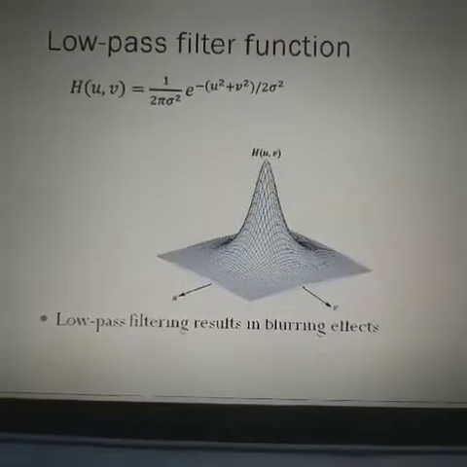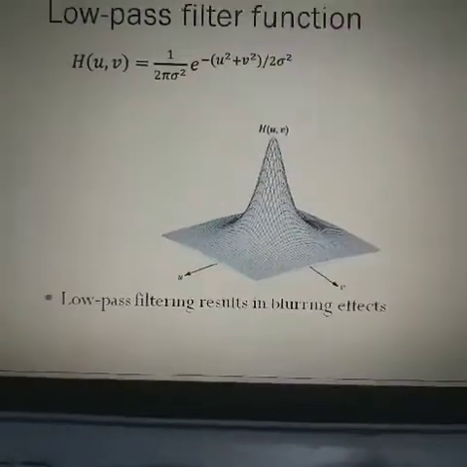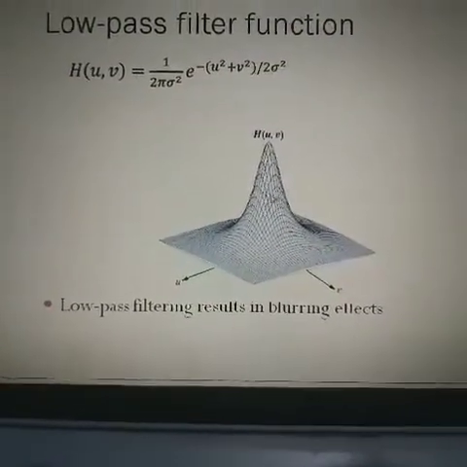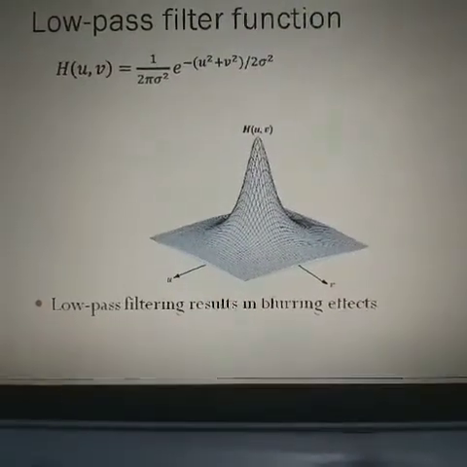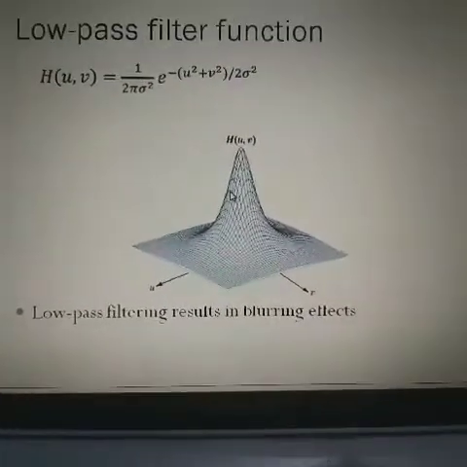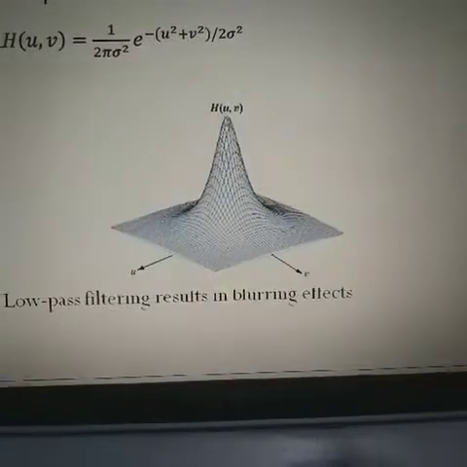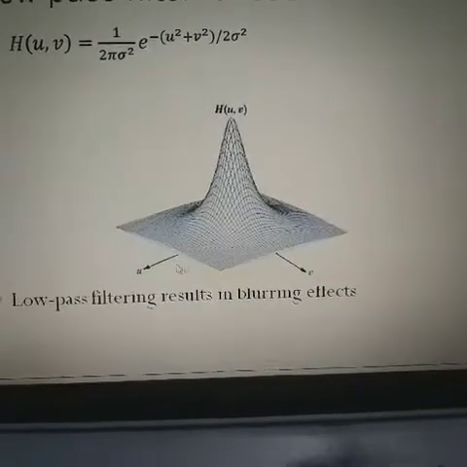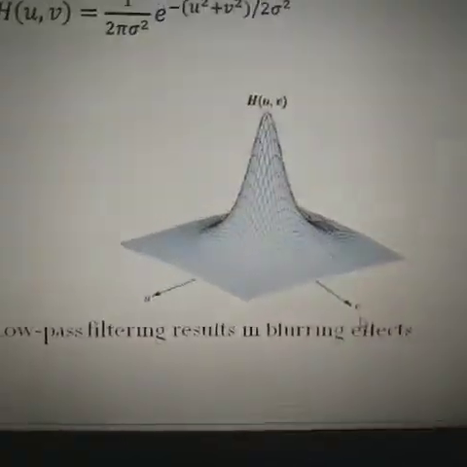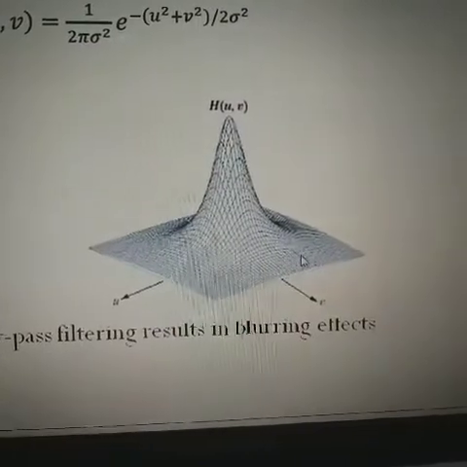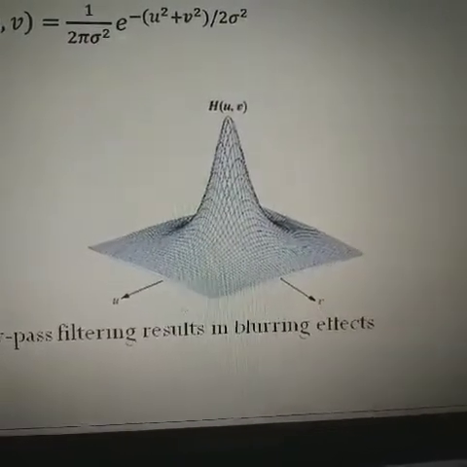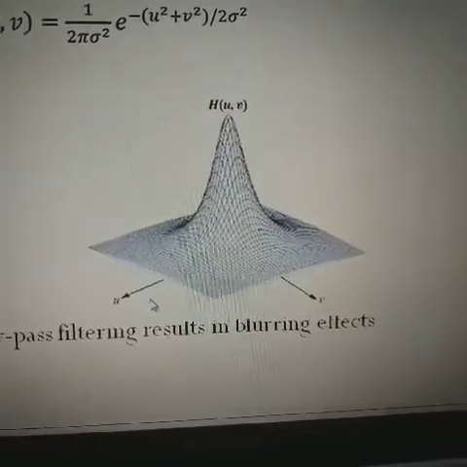So we differentiate these values like this. This is the simple visualization of a low pass filter. Low pass filtering results in a blurring effect. Here this shows the v axis and this shows the u axis.